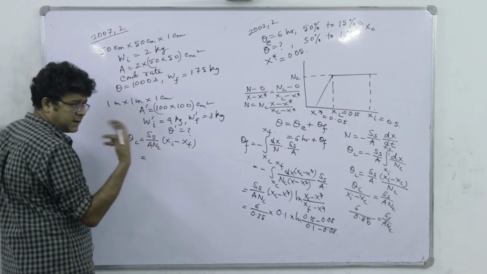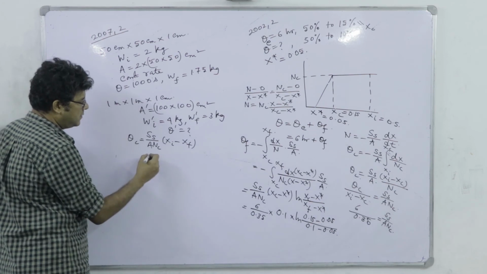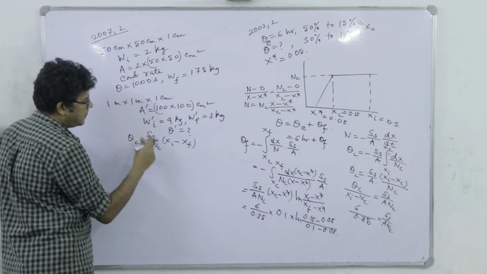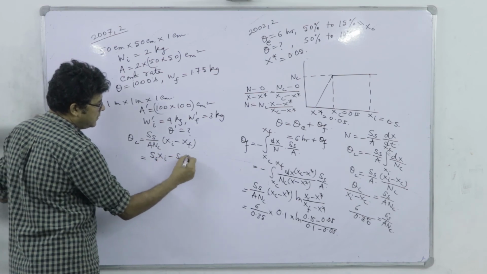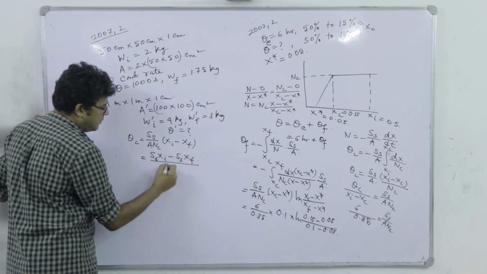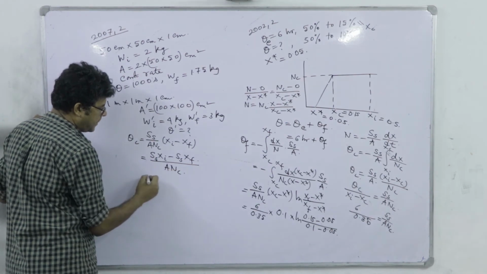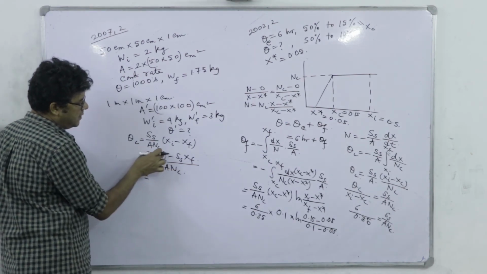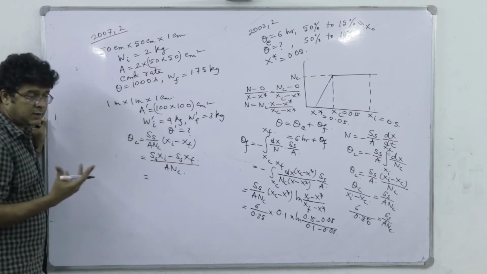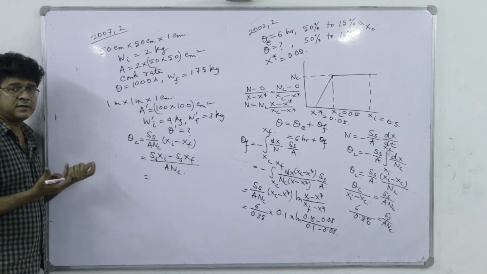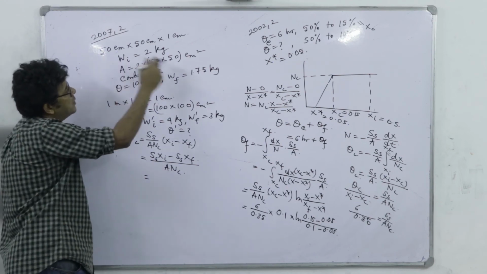That multiplied by kg of moisture per kg of dry solid gives you the weight of the moisture, SS into Xi minus SS into Xf divided by A NC. So this is the initial moisture content, this is the final moisture content, and the difference must be the loss of weight in the total weight.